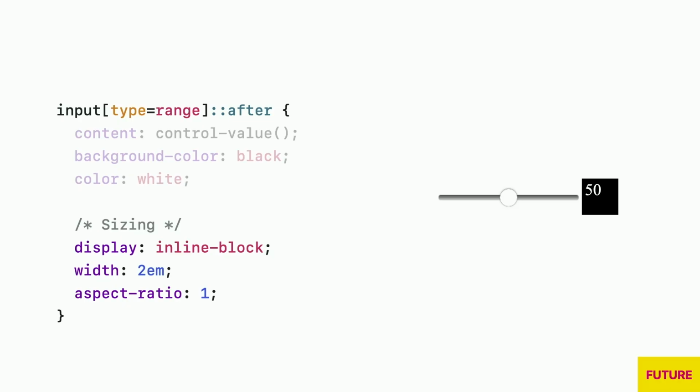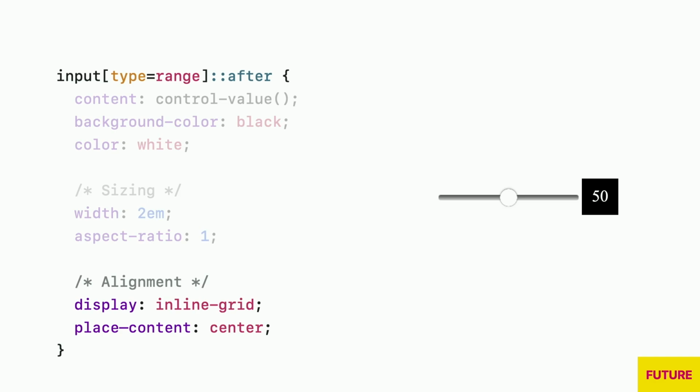Then, if I want to get the sizing right, I can set a width on the bubble. But to do that, I need to change the bubble to be inline block, because by default, the after pseudo element is an inline element. And I'll also need to set the aspect ratio to 1 to make it a square instead of a rectangle. And this gets the sizing right, but then the text alignment is a bit weird.